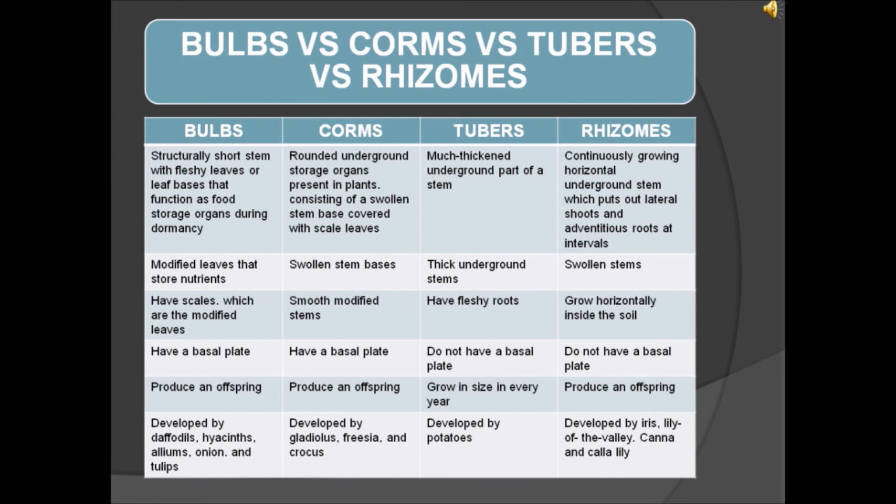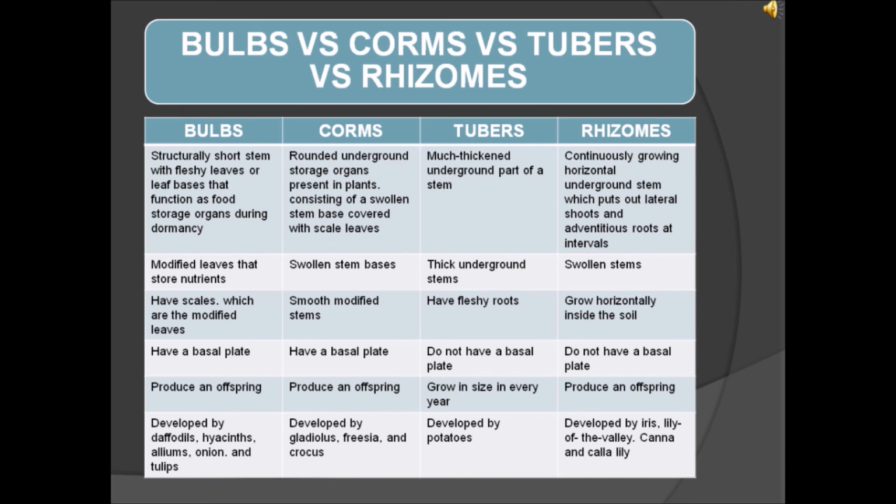Tubers: much thickened underground part of a stem. Rhizomes: continuously growing horizontal underground stem which puts out lateral shoots and adventitious roots at intervals.